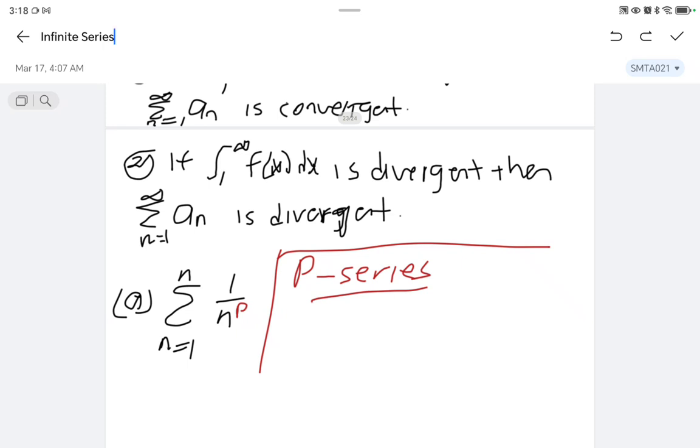We're not only going to use it on the integral test, we are also going to use it on other parts, like the comparison test.